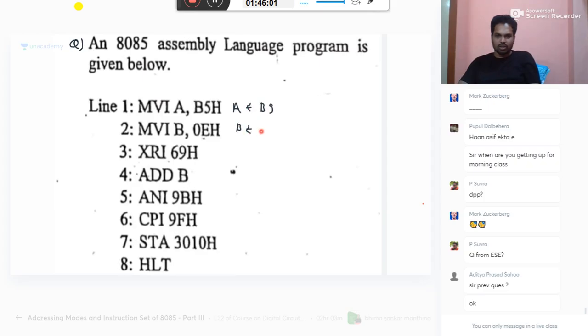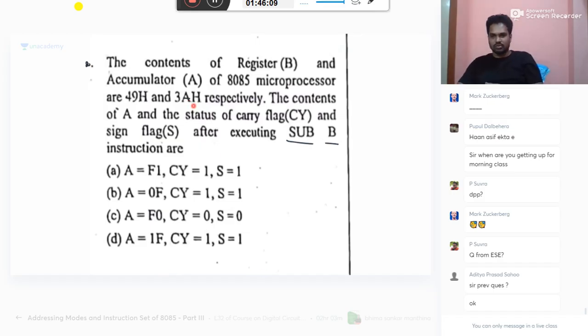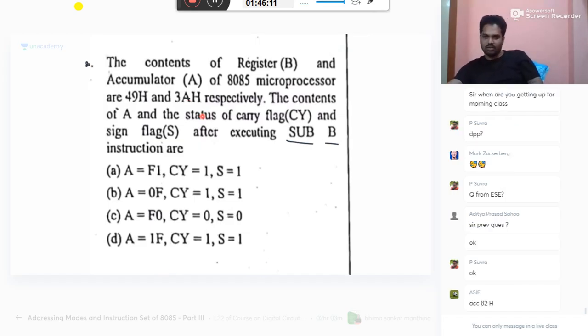Okay, if you are ready, I will start the poll. Okay. So now see here. Shall I start the poll? 49 and 3AH.